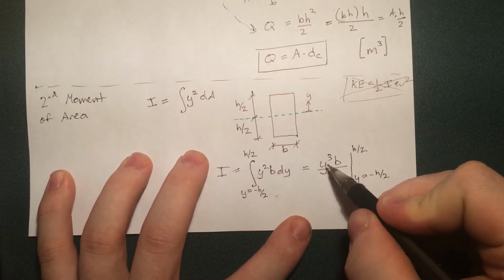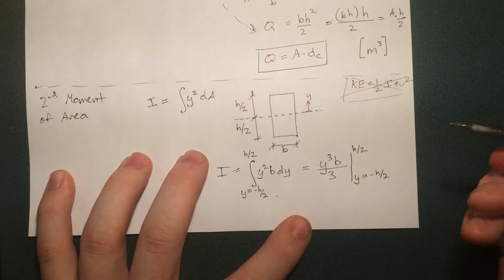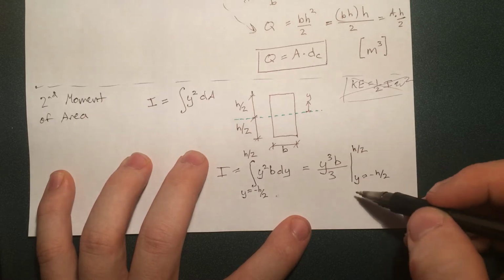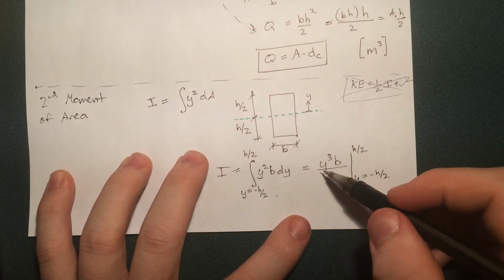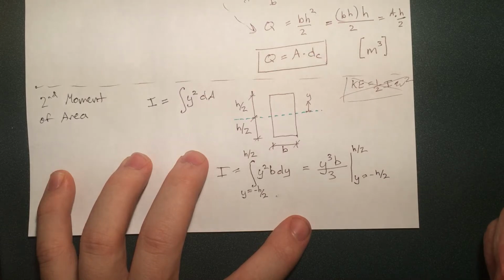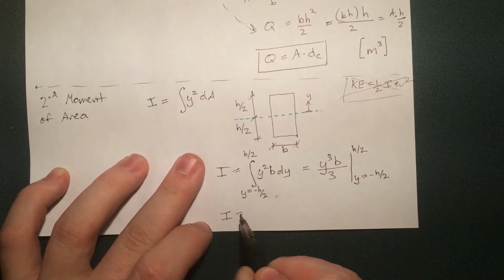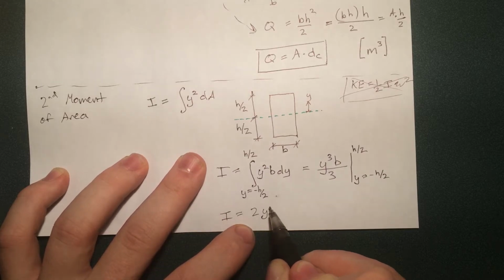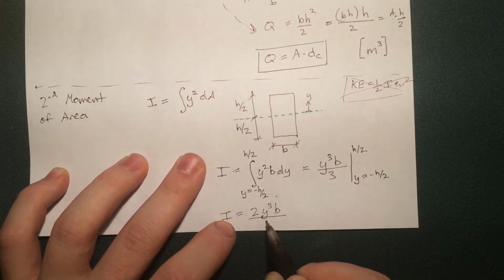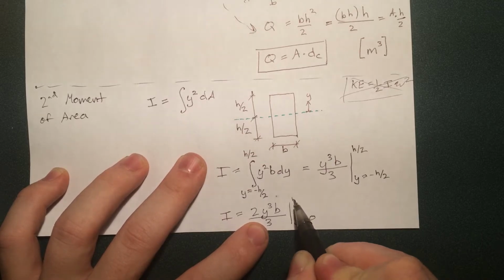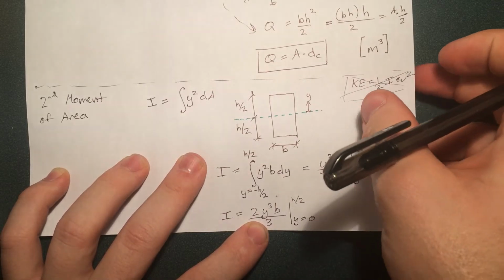Alright, now notice this here is to the power of 3. So we can simplify this function because it's like a case of mathematical symmetry, because it's to the power of an odd number. So now we can rewrite this as I is simply 2 times y cubed b by 3 from y equals 0 to h by 2.